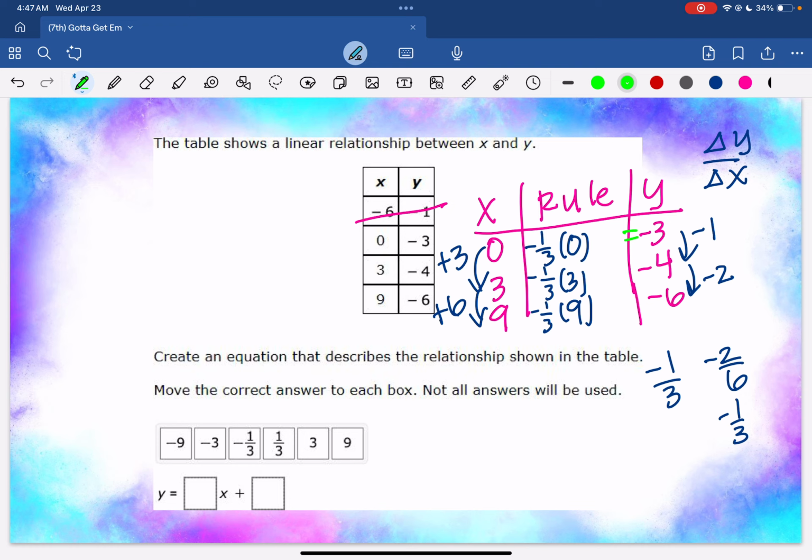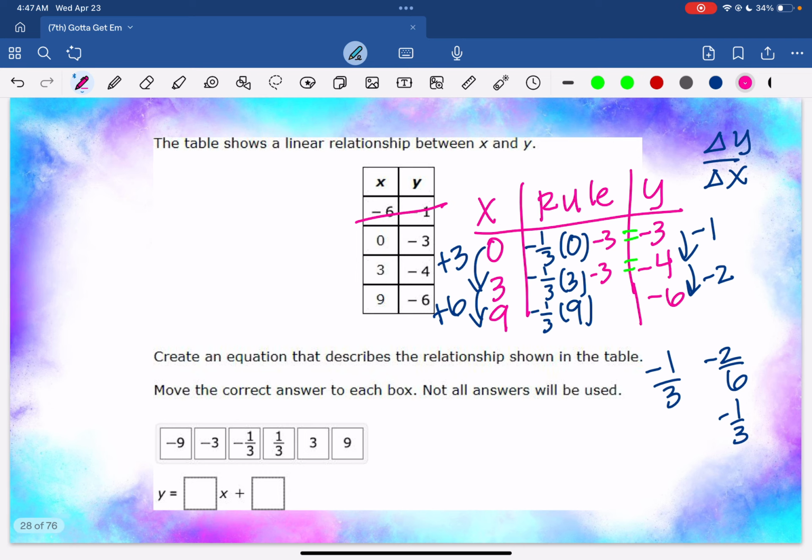That doesn't equal negative 3. So you take away 3, and that gives you negative 3. Now, 3 groups of negative 1/3 will give me negative 1, and negative 1 does not equal negative 4, but if I take away 3, I end up with negative 4.